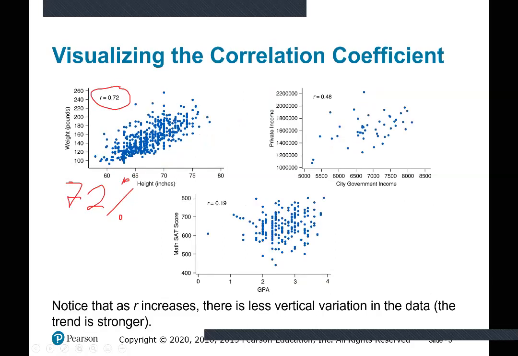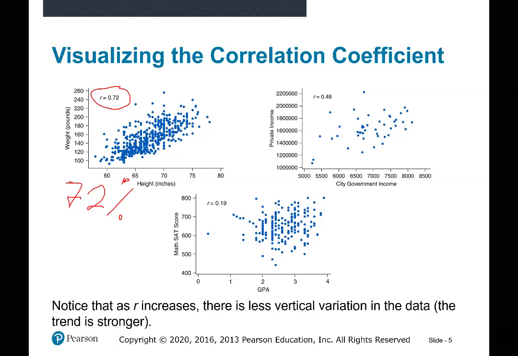Okay, visualizing the correlation coefficient. For the first picture here, you can see that R should be positive because the trend is going up.